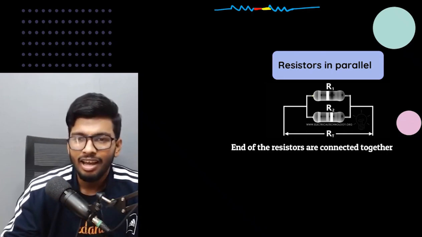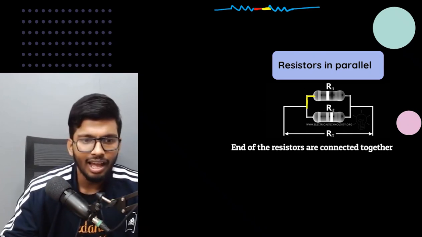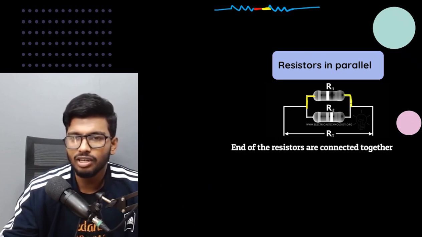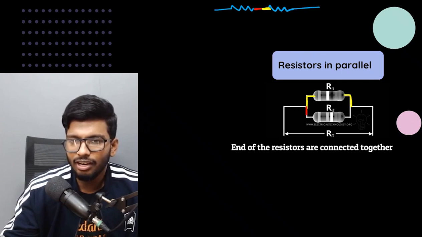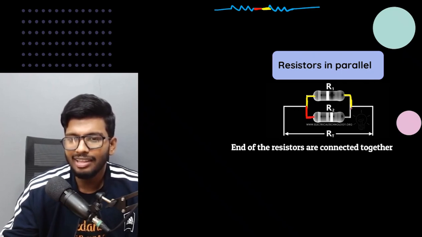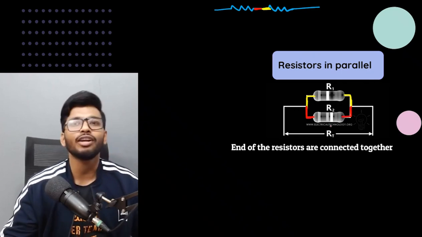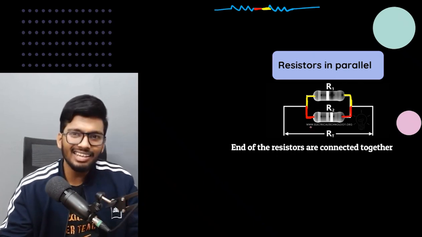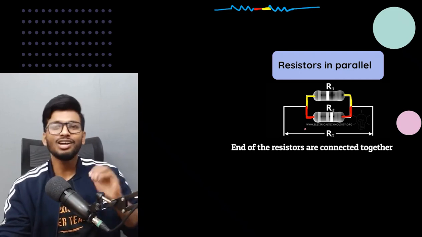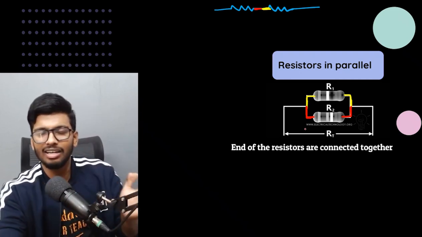If you look at this, this end is connected, and this end is also connected over here. And if you look at the bottom resistor, this end is also connected to the same point, and this end is also connected to the same point. So in parallel connection, both the ends of the resistors are connected. In series connection, only one end is connected. This is the major difference between parallel and series.